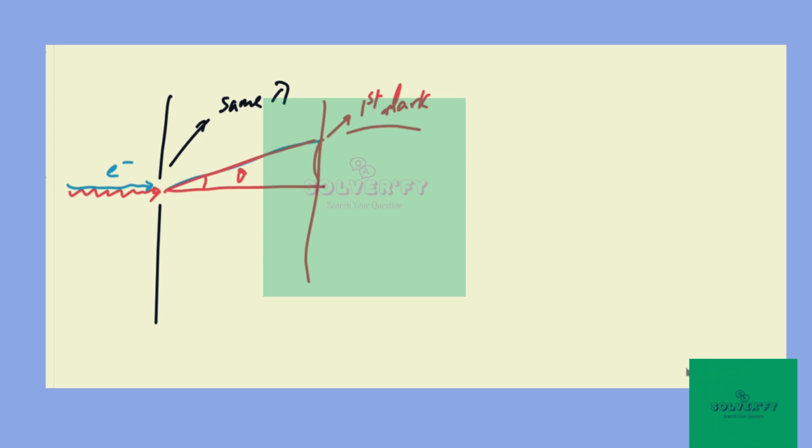Now we can relate the wavelength for the electron to its momentum, because it's equal to h over p, where p is related to the kinetic energy of the electron via p squared over 2m.